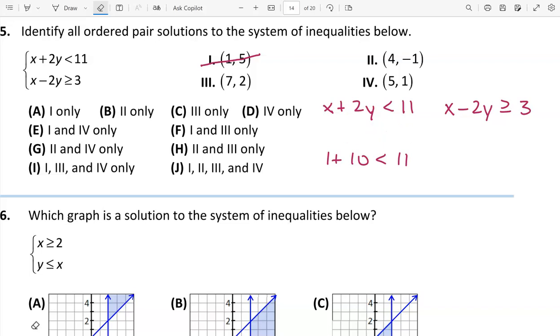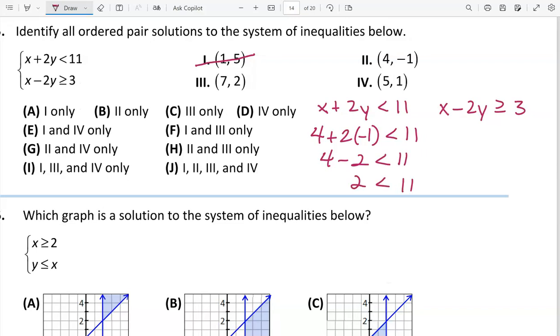Now, let's take a look at our second point. Roman numeral 2 is the point 4 comma negative 1. So x is 4 and y is negative 1. So that would give us 4 minus 2 is less than 11, or 2 is less than 11. That's true. Now let's test the second inequality and see if it works in that one as well. 4 minus 2 times negative 1 is greater than or equal to 3.